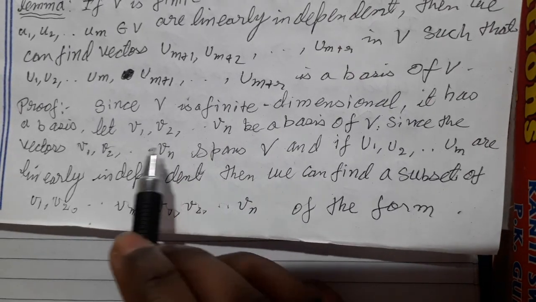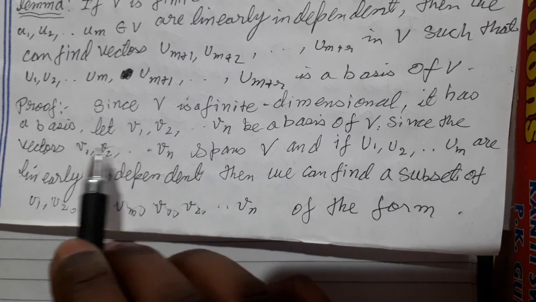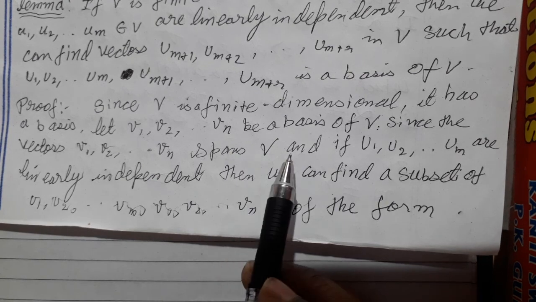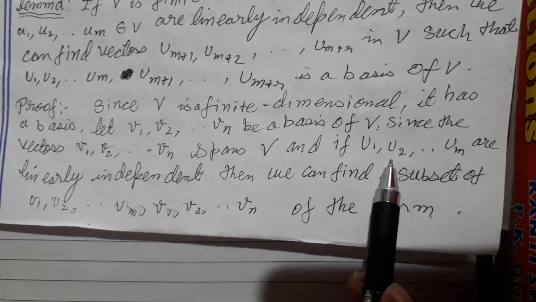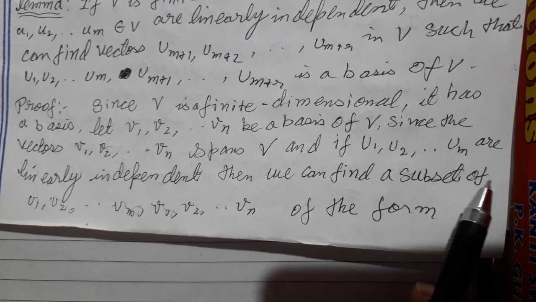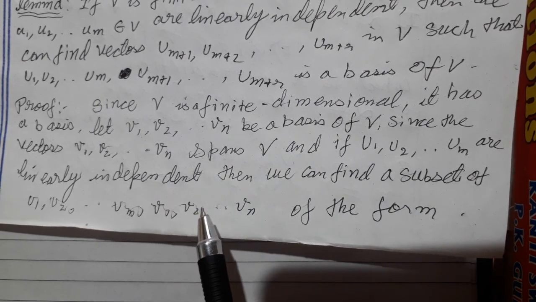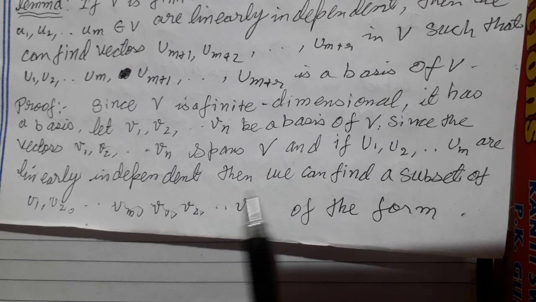Spanning means that if I take any vector in V, it can be written as a linear combination of these vectors. Now u1, u2, ..., um are linearly independent.